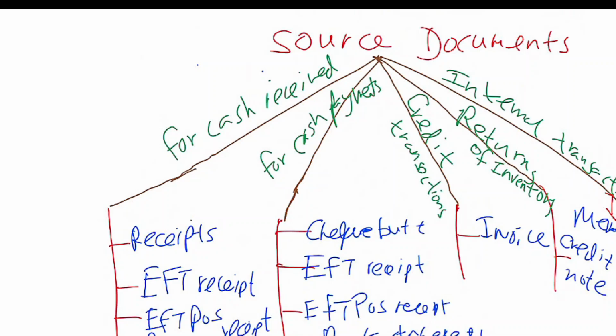Then EFTPOS. What is EFTPOS? Electronic funds transfer at the point of sale. You pay by debit or credit card using the EFTPOS machine. I think everybody knows what an EFTPOS machine is. It will generate us a receipt.